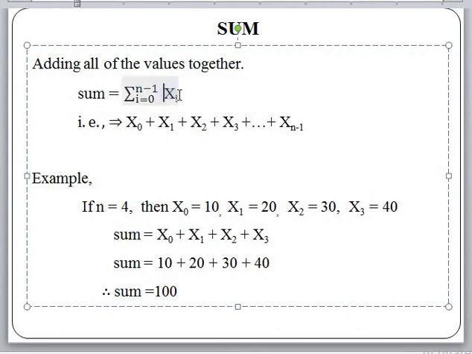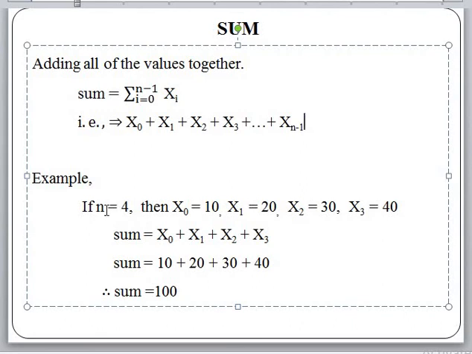So we have to find the summation of elements, which in our case are considered as x. Here is the expansion of that summation: x0 plus x1 plus x2 plus x3 till x n minus 1.